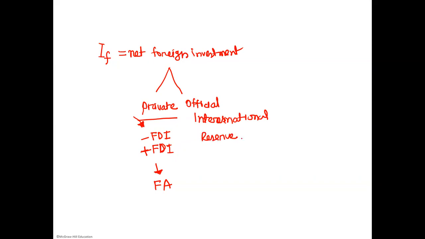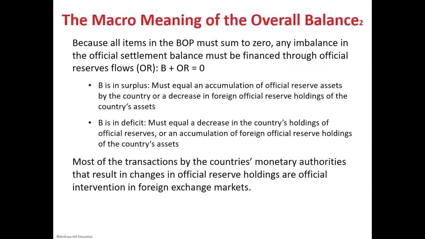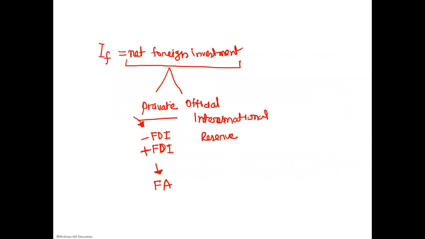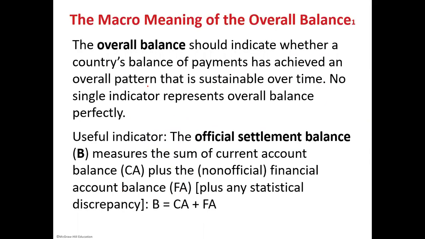So the net balance is the official international reserve. So what I was saying is that the overall balance of the balance of payment is often measured based on the breakdown of this idea. I mean, the net foreign investment is broken down into two parts. One is the private, another one is the official. So these two parts consist of the net foreign investment, and this is also considered as an overall balance.